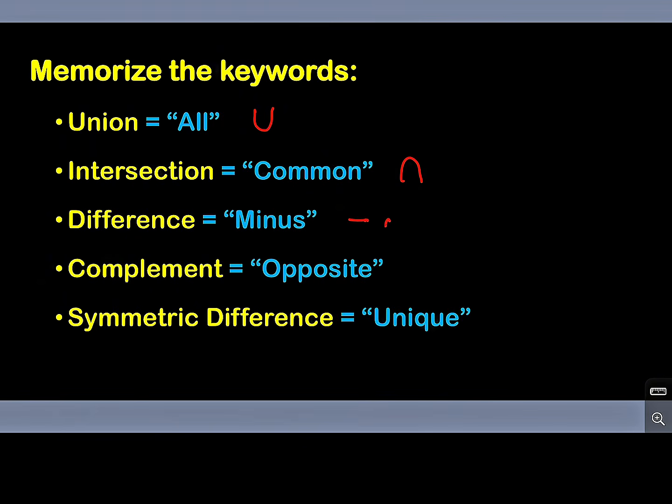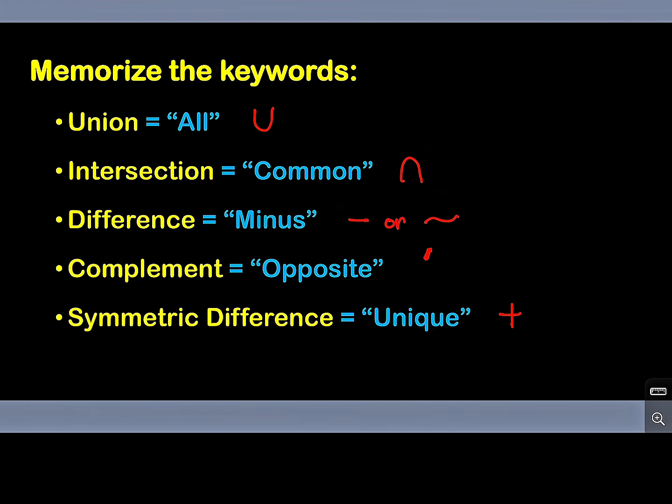And for the difference of set, we need to focus our answer on the first set that is given. Or let's say if we are A minus B, we will focus our answer on A. For complement of set, we will focus our answer on the opposite set or the universal set. For symmetric difference, you will just write down the unique elements after removing the common element.